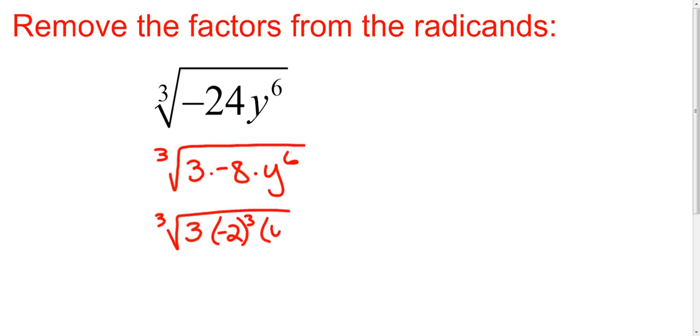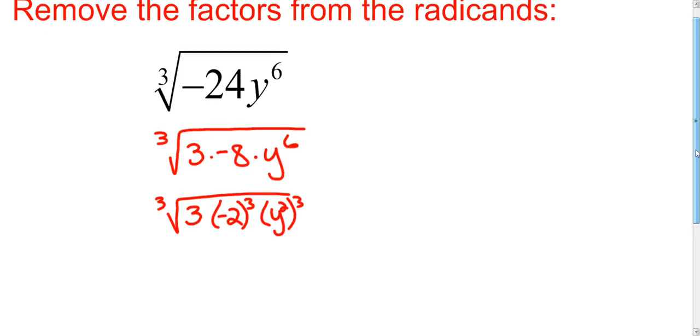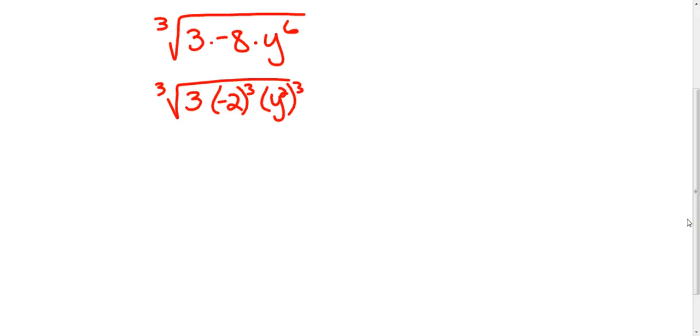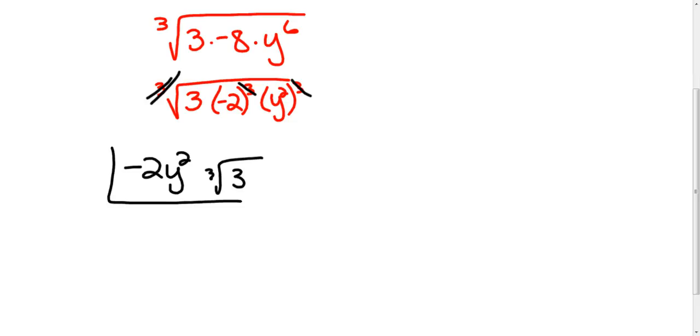And y to the 6th is y squared to the 3rd power. Okay, if you want to think of those as fractional exponents instead, like I did in the last example, that's totally fine. Okay, these two will cancel each other out, and then we'll be able to pull that -2 out in front. These two will cancel each other out, and then we'll be able to pull y squared in front. But I can't take the cube root of 3 and have it be a whole number. So that's where I need to end up on that one.